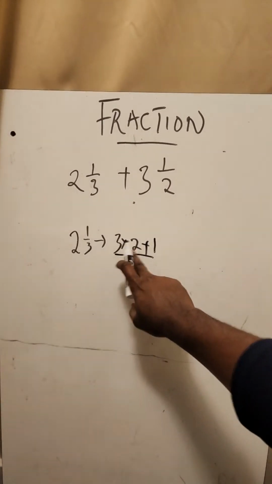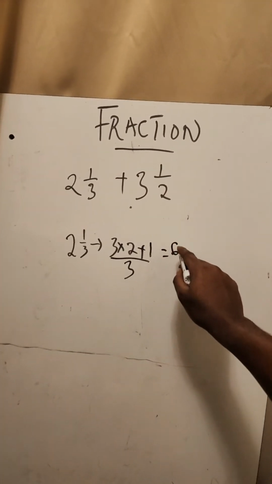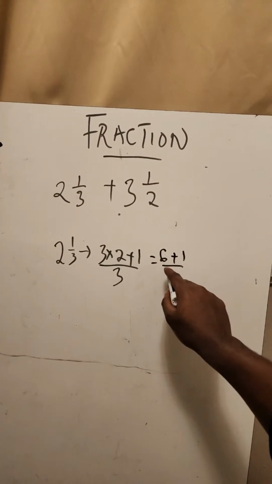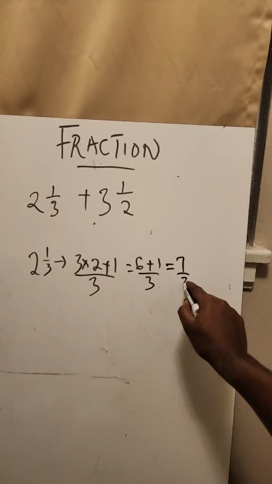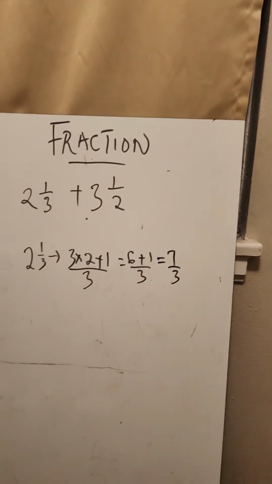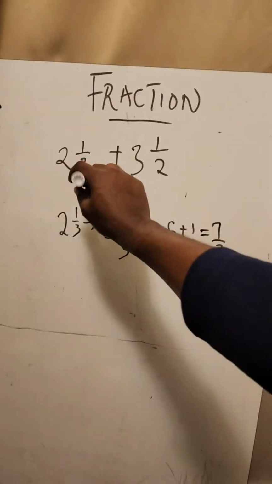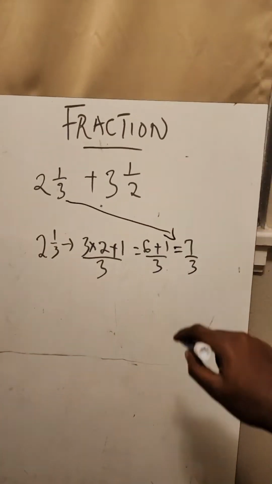So 3 multiplied by 2 gives 6 plus 1 over 3. And this is the same thing as 7 over 3. So now, this first term is the same thing as 7 over 3.